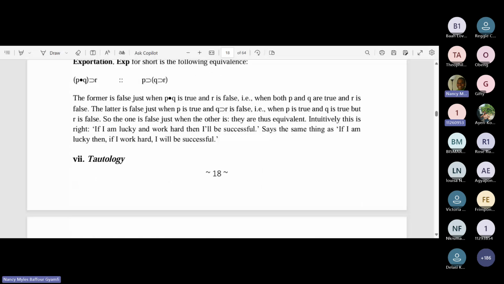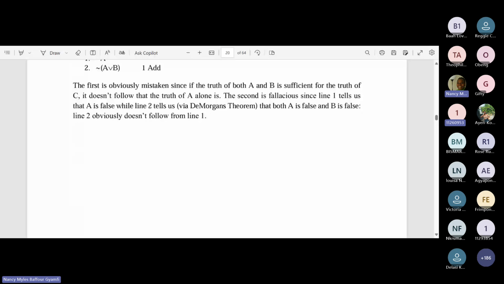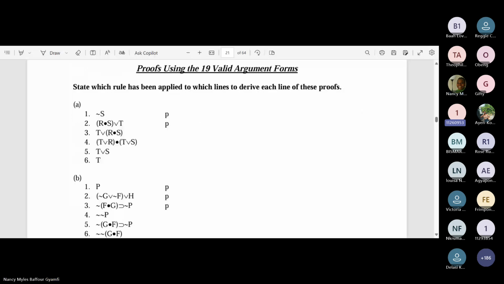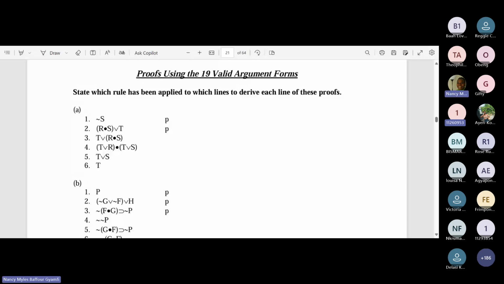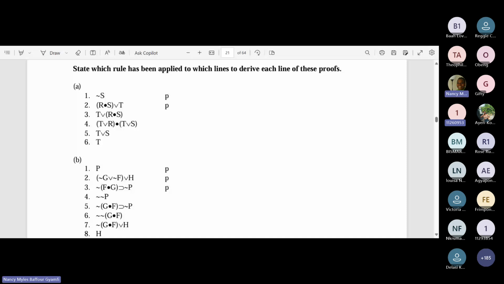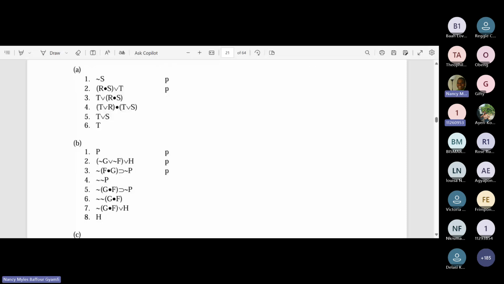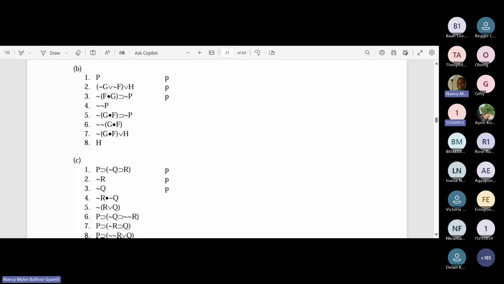It's just revision we are doing and a bit more practice you need. Please keep looking. These are exercises asking you to use all the 19 valid argument forms from rules of inference to replacement. And you have done this already. Easy, right? If I say everybody do it, a large number of you can do what is on your screen.